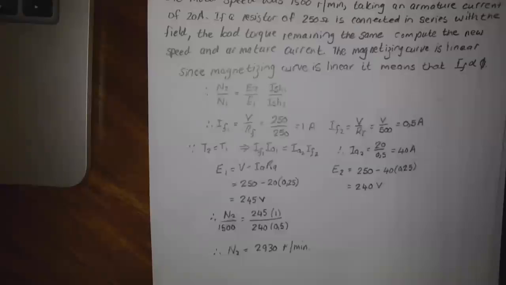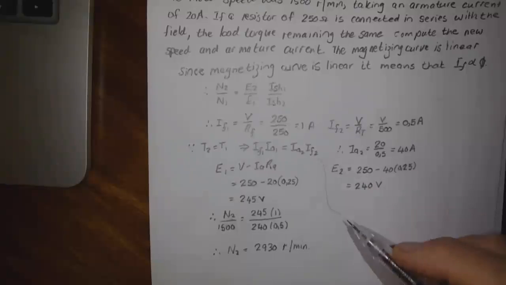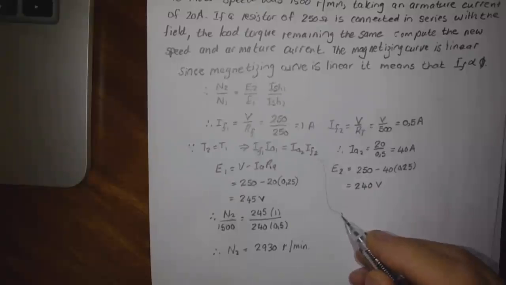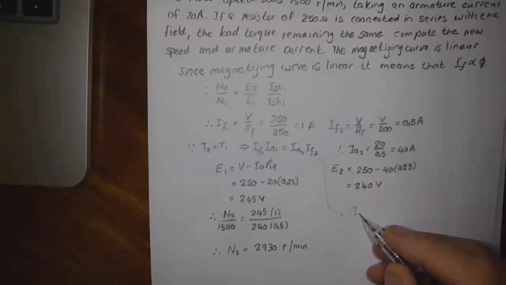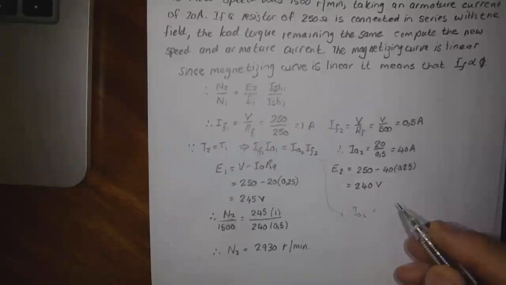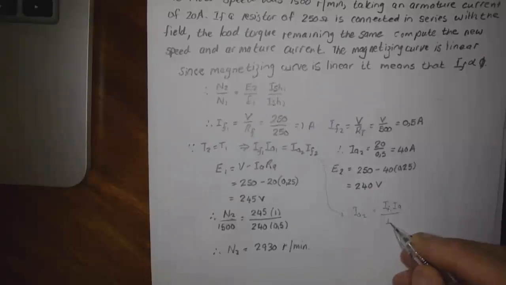Have you got that? If you look at this formula, then IA2 will be I field 1 IA1 over I field 2.